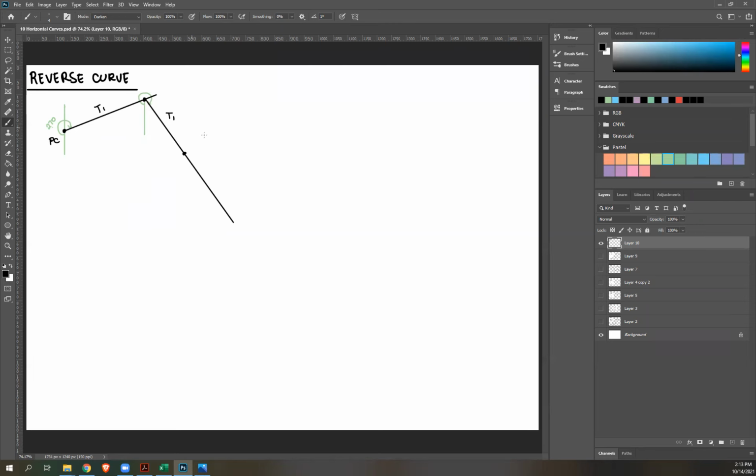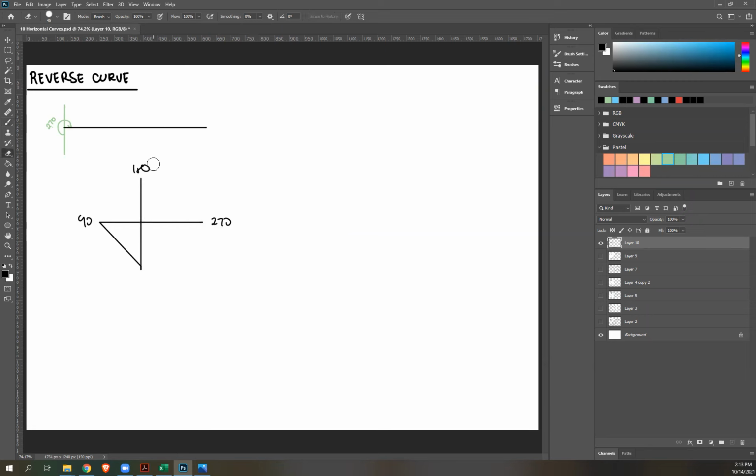Oh, wait. 270, like I said earlier. Okay, 90, 180, 270. So my back tangent should have been this way. Yeah, the more correct way to do it. And then again, estimate where your T1 ends.